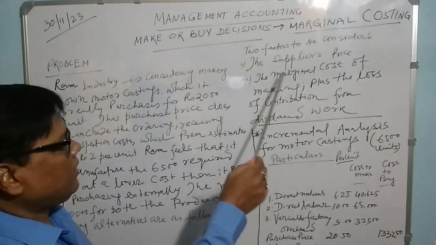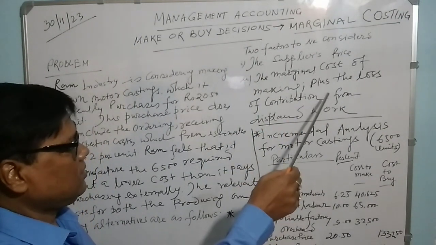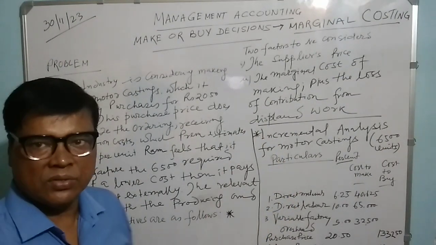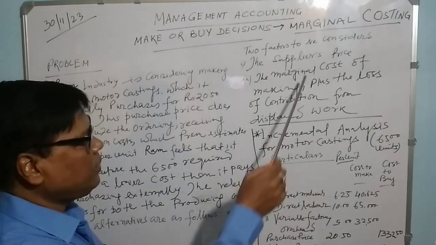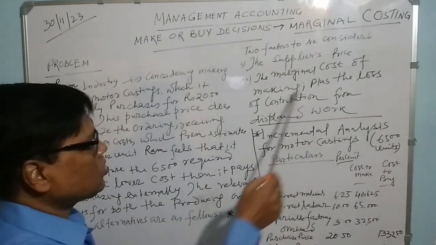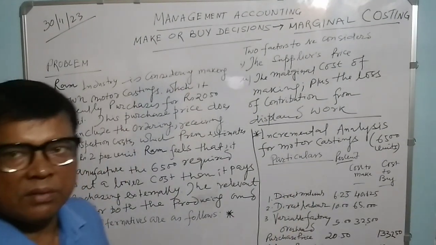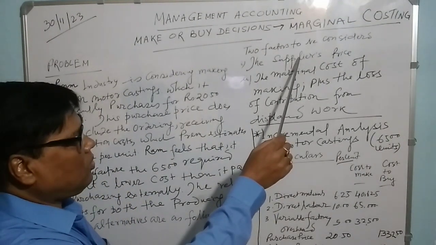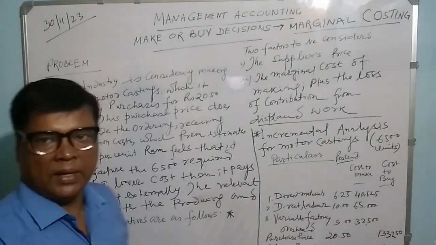You have to see these two conditions. First, the supplier's price, how much the suppliers are ready to charge you. Second alternative is the marginal cost of making plus the loss of contribution from the displaced work. You see, if you purchase from outside, your space will be available here.